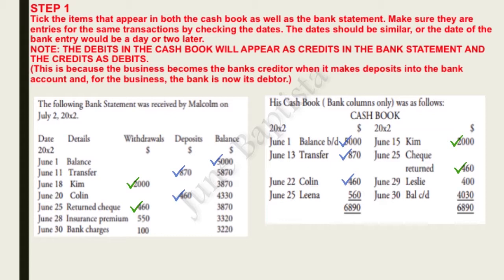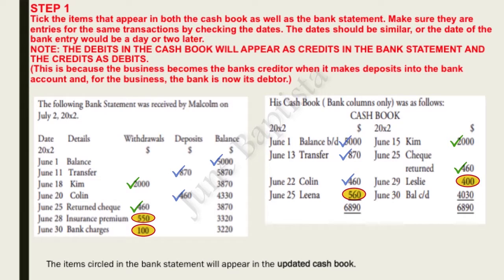We will now circle those items that have not been ticked, $550 and $100 in the bank statement, $560 and $400 in the cash book. The circled items in the bank statement will appear in the updated cash book. The circled items in the cash book will appear in the bank reconciliation statement.